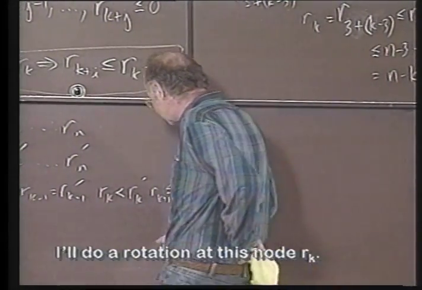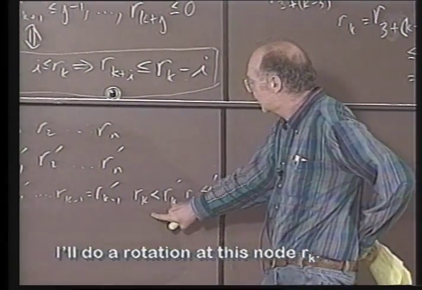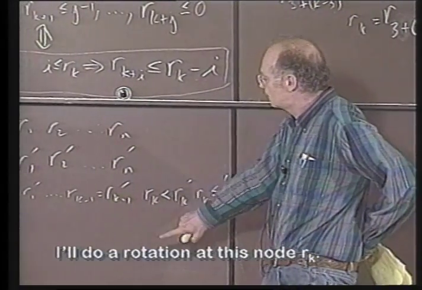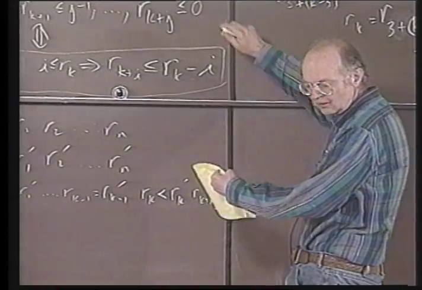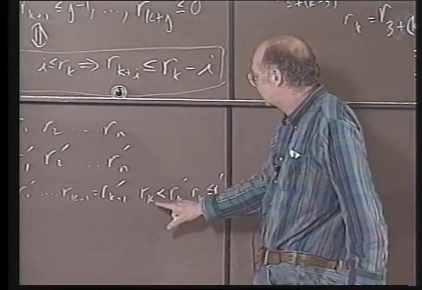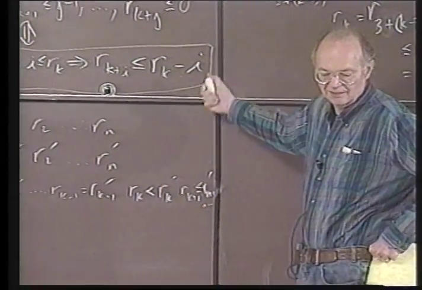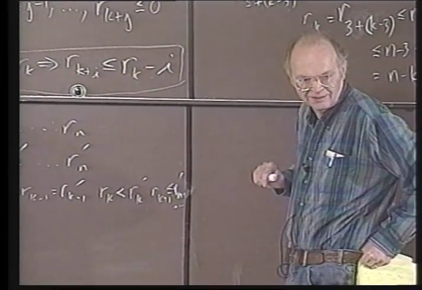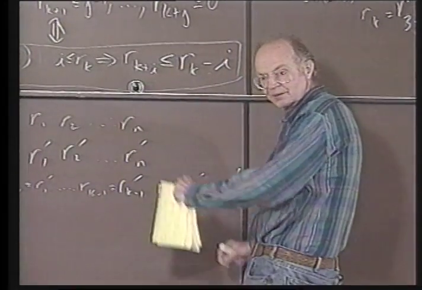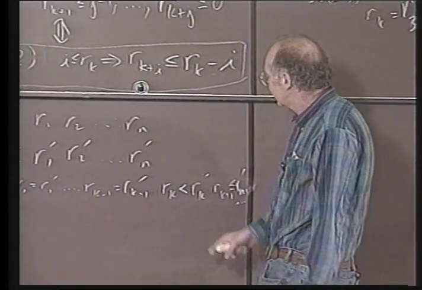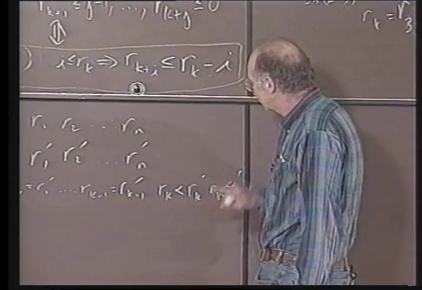So I'll do a rotation at this node, wherever it is. I'll want to prove that its parent is a right parent, that node K has to be a left child of its parent, and that if I do a rotation at K, bring it up, then the new value that it has will be less than or equal to RK prime.